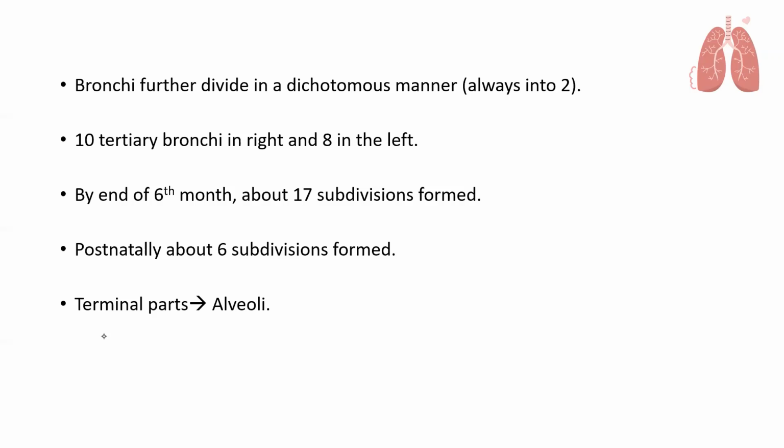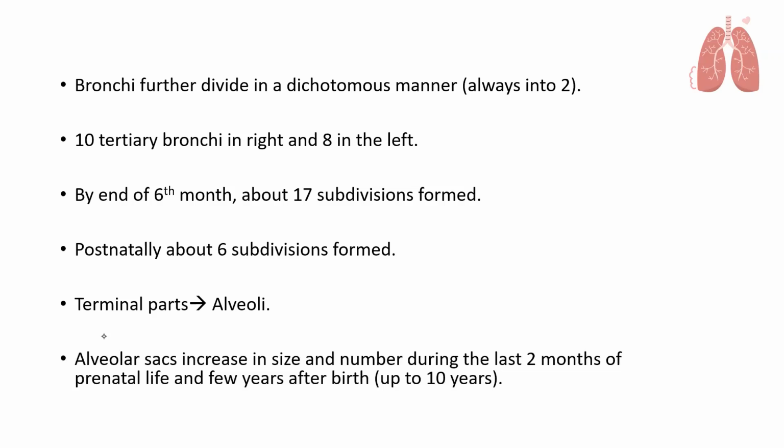Okay. So you know alveoli are where the air exchange happens. So the alveolar sacs increase in size and number during the last 2 months of prenatal life, and even after birth, up to 10 years, this can happen. So if you look at alveoli, you have two types of cells.